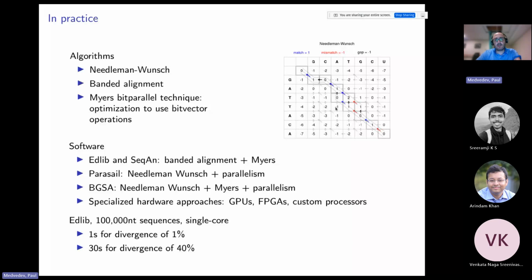We can fill in a cell by looking at the left, the top, and the diagonal values. There are n squared entries. Each entry takes constant time to fill in, and the answer lies in the bottom right corner. And that's the Needleman-Wunsch algorithm.